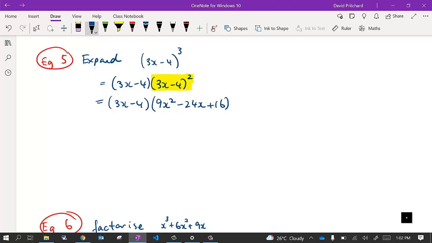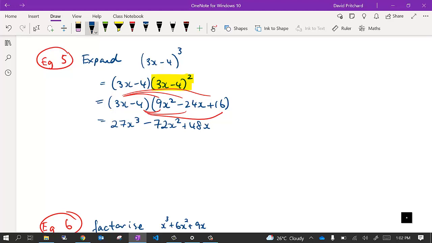Now we've got that, we can go through our expansion, first of all multiplying them all by 3x. So that gives us 27x cubed, negative 72x squared, plus 48x. And now we can multiply them all by negative 4.